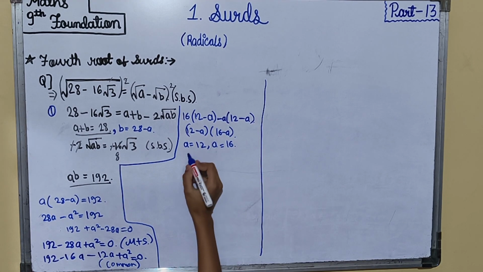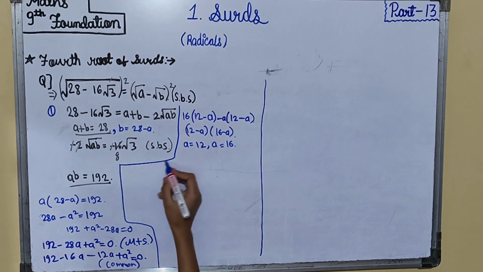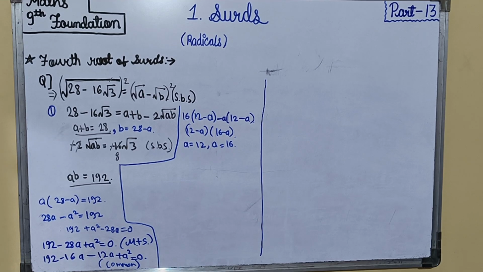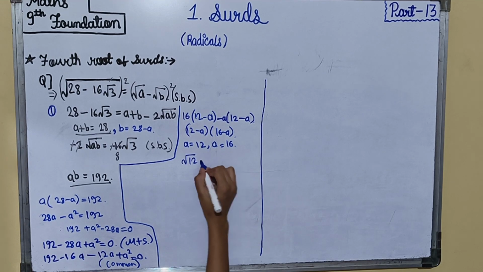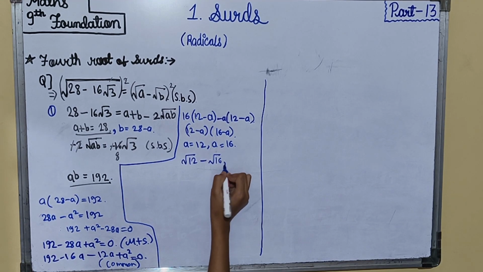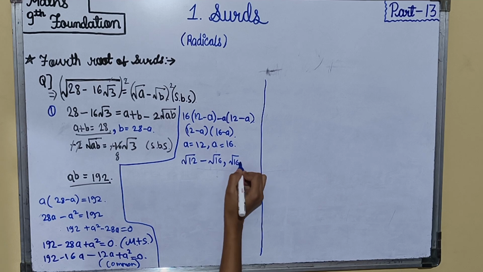So we got both the a's. This was in subtraction, so this could be root 12 minus root 16 or root 16 minus root 12.